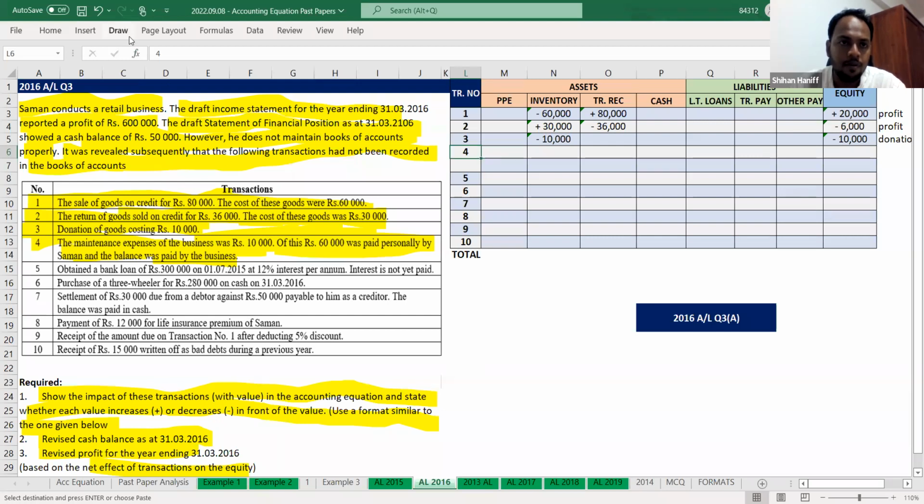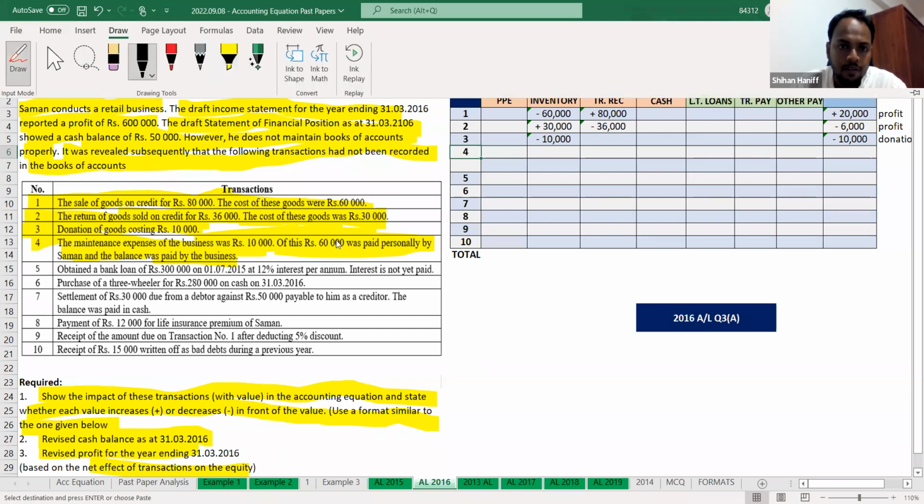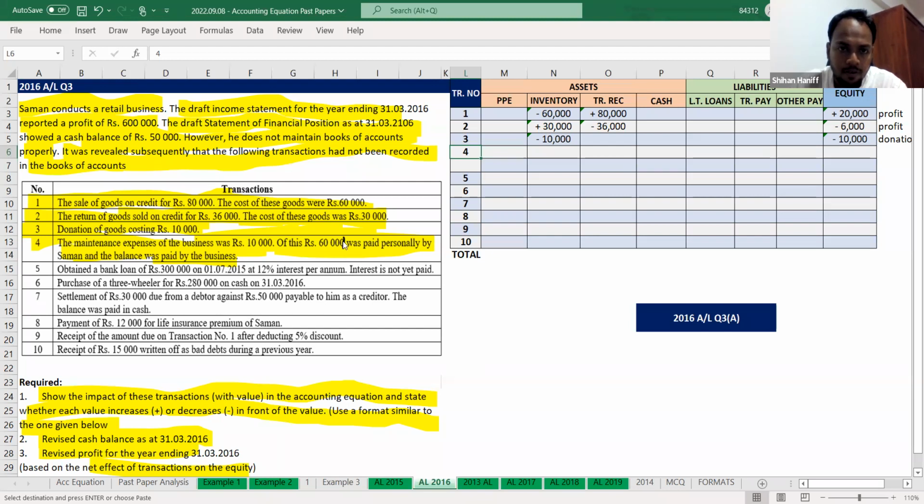So there is a small mistake. This is not 60,000, this is 6,000. Okay. Oh, now it's right. Maintenance expense is 10,000, paid 6,000. How do you record this?